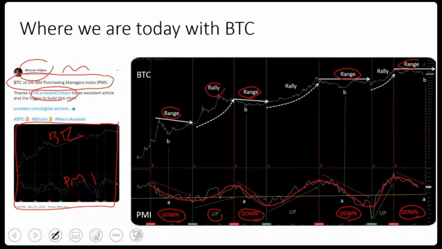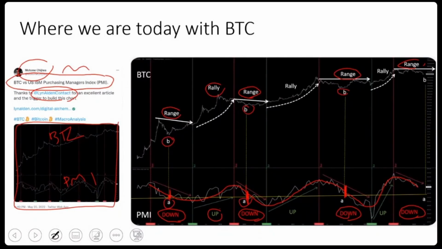What's interesting to note is that in a down cycle, Bitcoin doesn't bottom at the end of that cycle. Bitcoin actually bottoms roughly in the middle of that down cycle, and that's B here corresponding to A here.